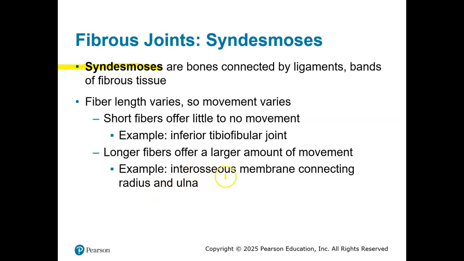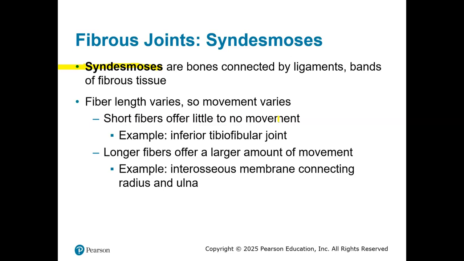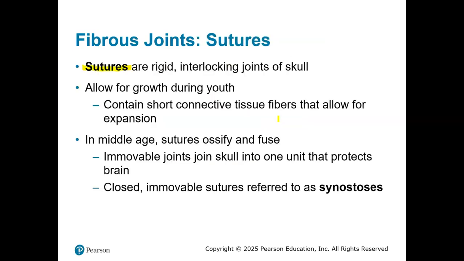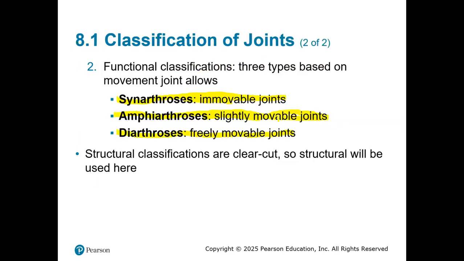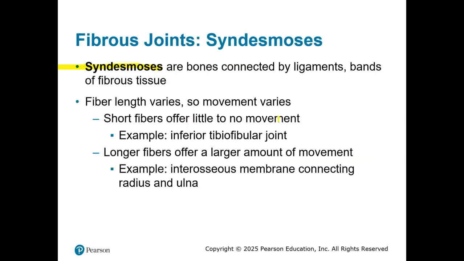And then the interosseous membrane connecting the radius and the ulna is another example. So there's going to be either no movement or little movement in these syndesmoses. So I'm assuming that means they can be either synarthrosis or amphiarthrosis, but you don't have to know.